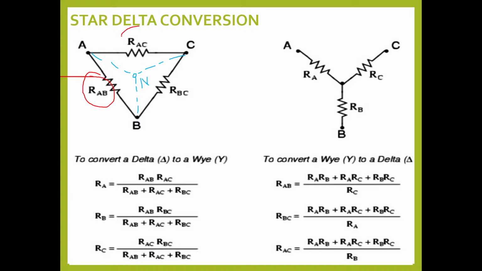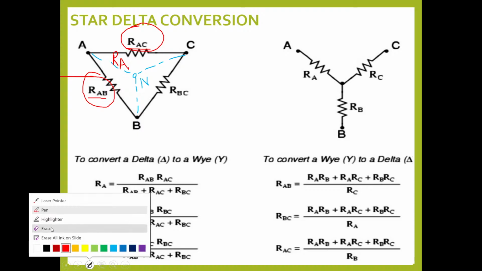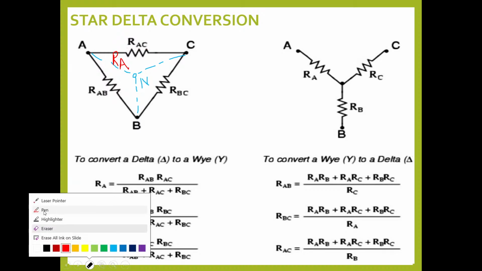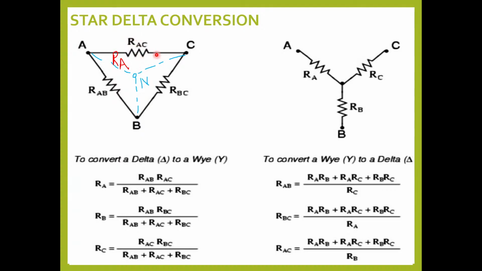Now you just observe these two resistors. What is this? RAB. What is this? RAC. So what is common here? A is common. So this dotted line here you can write RA. And now besides to this dotted line, what is this?